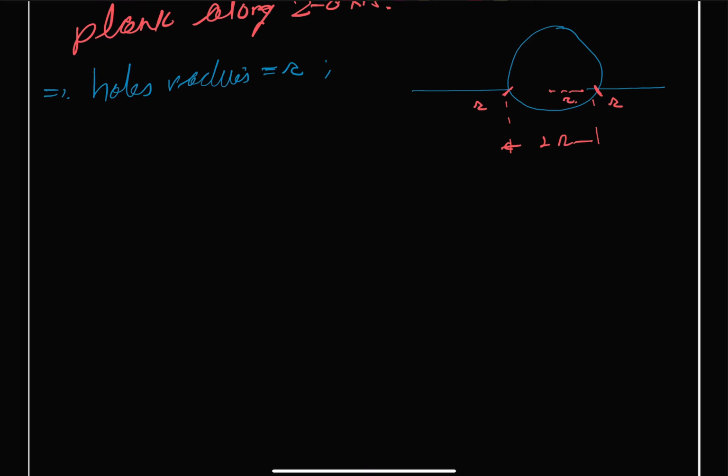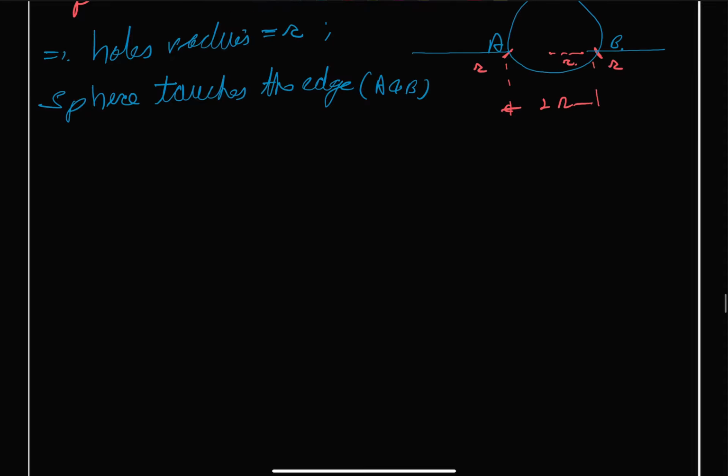So it means that the sphere touches the edge. Let us call these edges A and B, edge A and B of the hole on the circle of radius r.